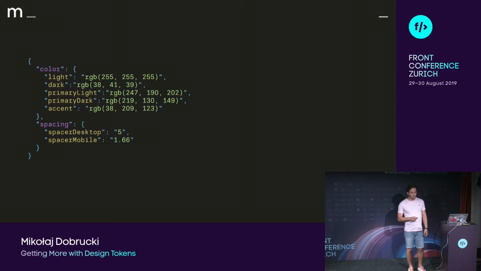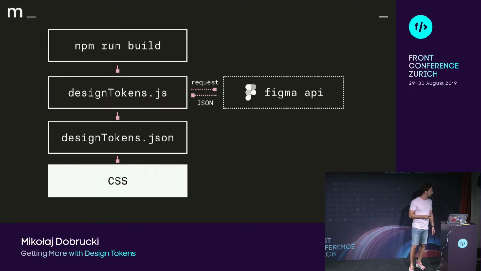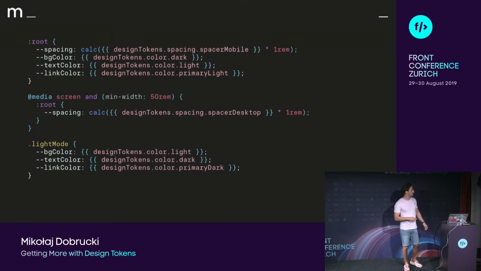And what happens to those tokens? In our case, we just have a single HTML page. So what I do is I use a templating engine called Nunjucks to rudely insert that data directly into my CSS. So this is just a plain CSS file with Nunjucks on top of it, and I take this data and put it directly into some CSS custom properties to be used for theming and spacing.